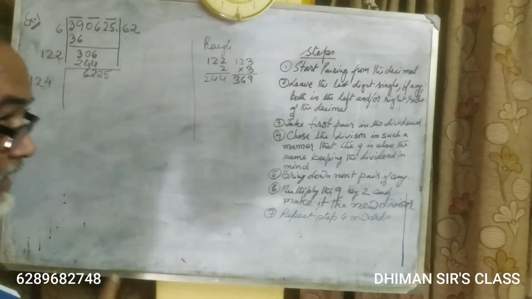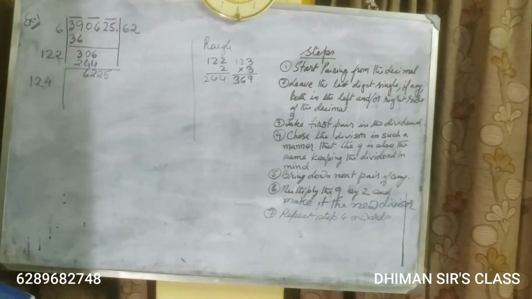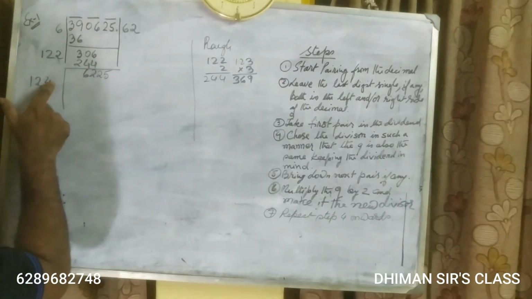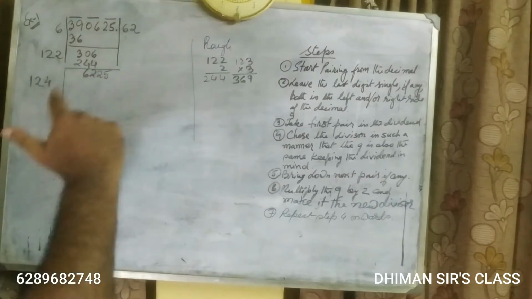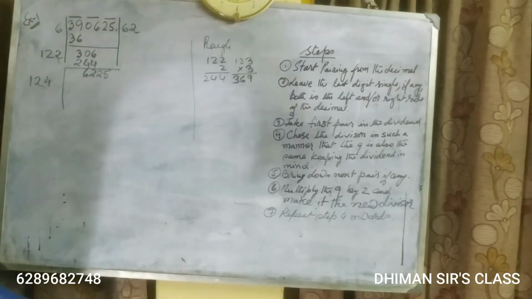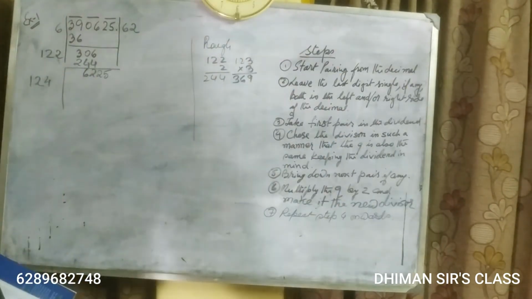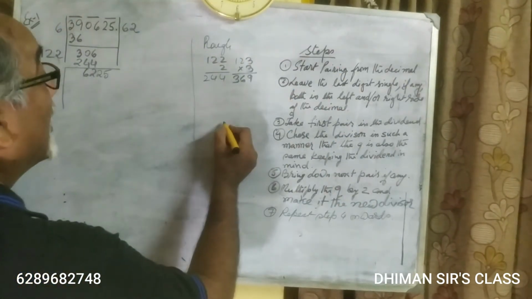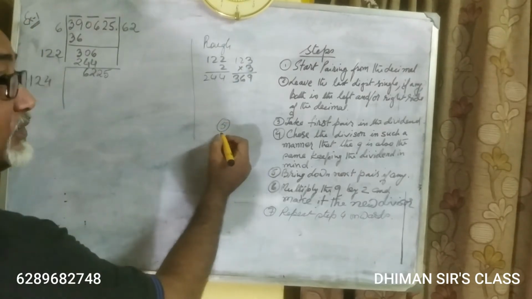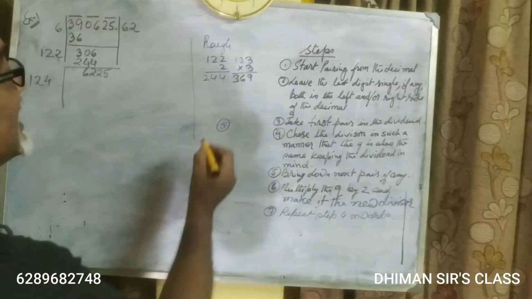So now we will have to go back to our old concept that we will choose a digit here in such a manner whose square will contain 5 in its units place.